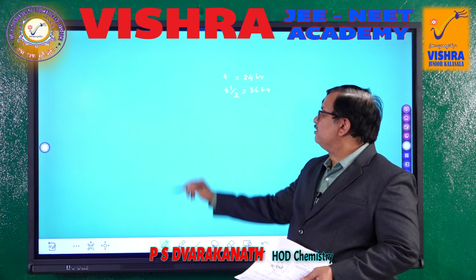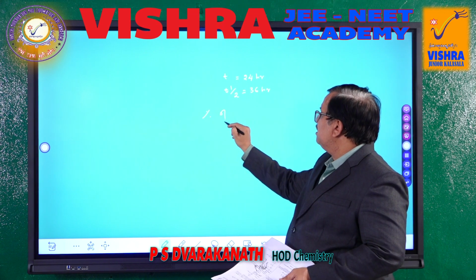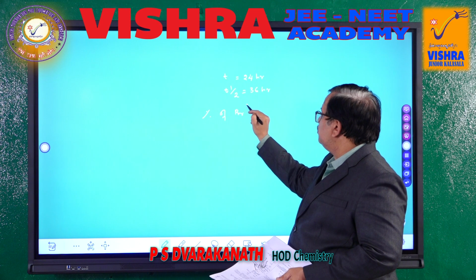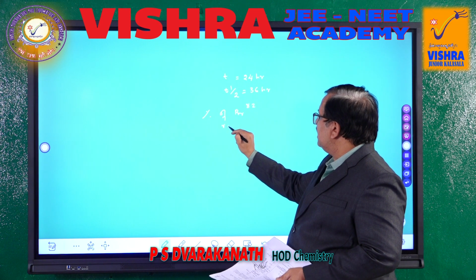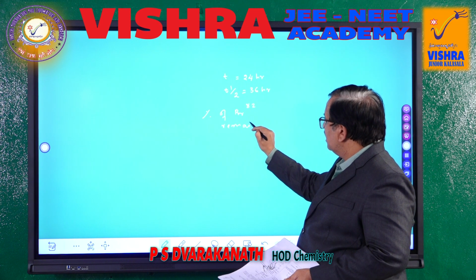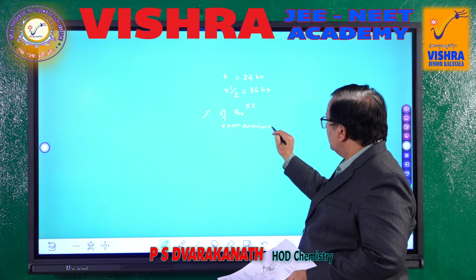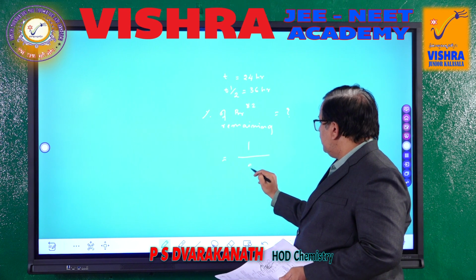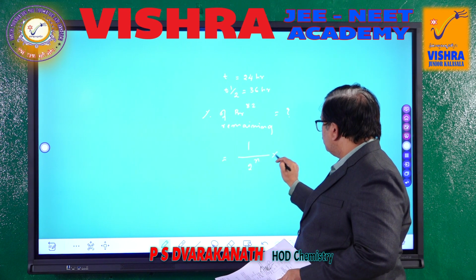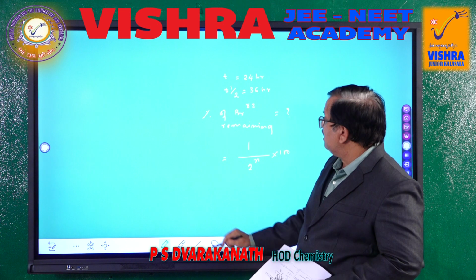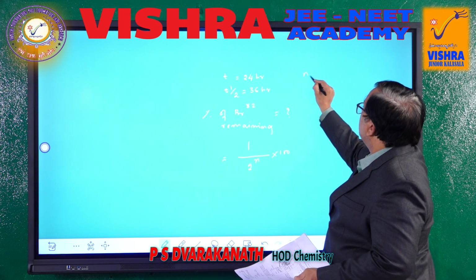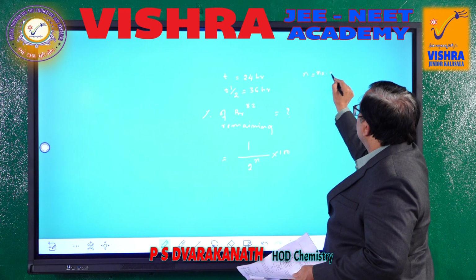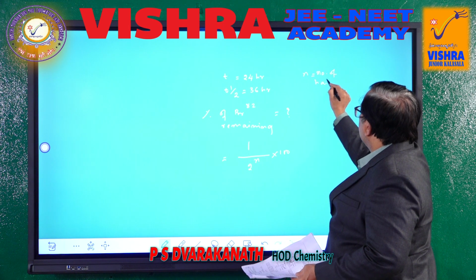How do we find the percentage of bromine 82 remaining? It will be calculated as 1 by 2 to the power of n into 100. What is n? The number of half-lives.